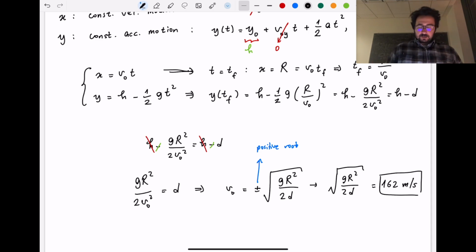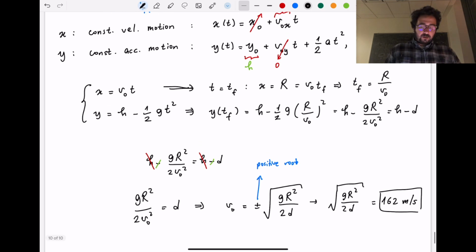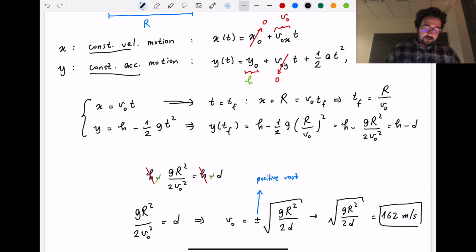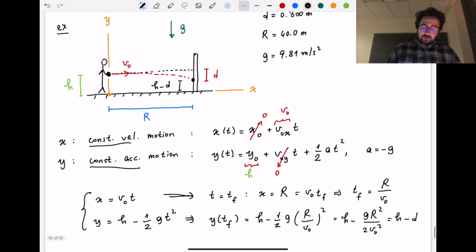So in this exercise we have seen how we used different types of equations of motion for these different motions: constant velocity motion along the x-axis and constant acceleration motion along the y-axis. There is no force along the x-axis, so with Newton's second law we have no acceleration, and there is the gravitational acceleration in the downward direction for the motion along the y-axis, so we have acceleration equal to negative g.